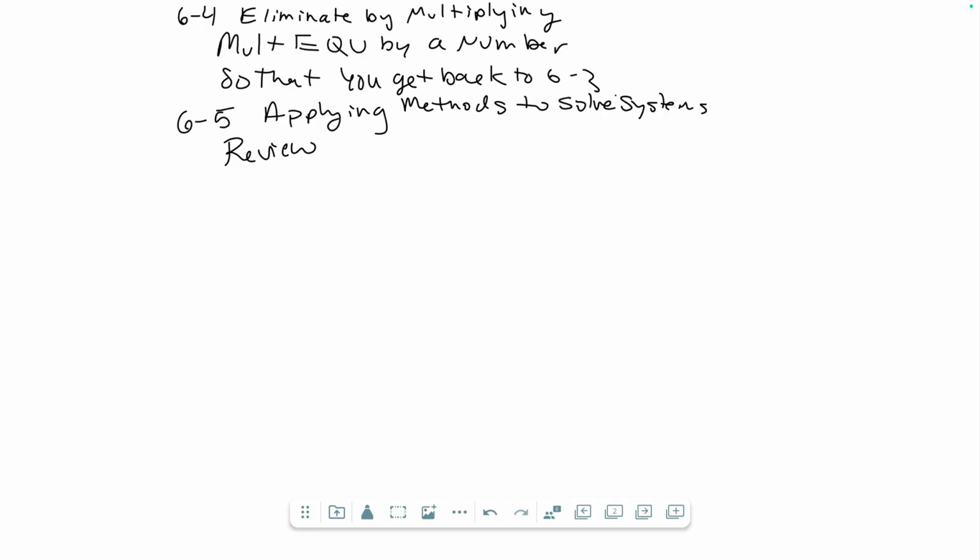Okay. And then 6.6, system of inequalities. This is really a review of 5.6. Okay, shading above, shading below, dotted line, solid line.